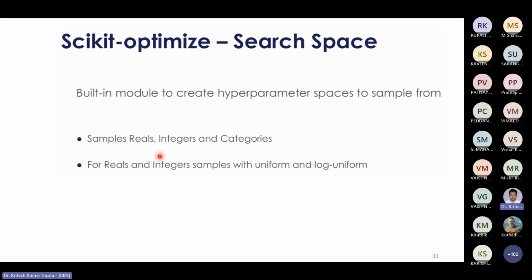If we have some numerical value, let's suppose the parameter C in support vector machine, that has to have integer values, whereas the sigma in Gaussian process regression can be a real number. So this is how you can differentiate between the hyperparameters and give the hyperparameter search by using category, integer, or real number. In that fashion only, the Bayesian optimization search will happen.